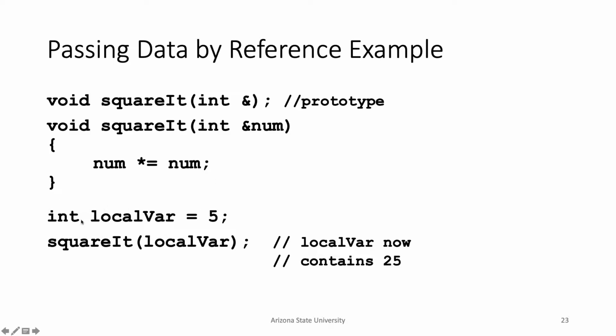In this case, I would actually just return the value and then set it, because if you look at this function name, it's square it. You can think of that as taking something in, finding the square of it, and returning it. But in some contexts, it may make sense to modify the original here.